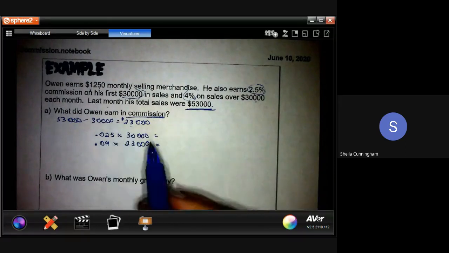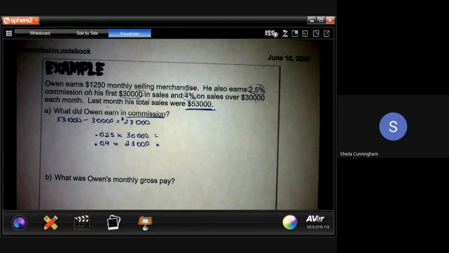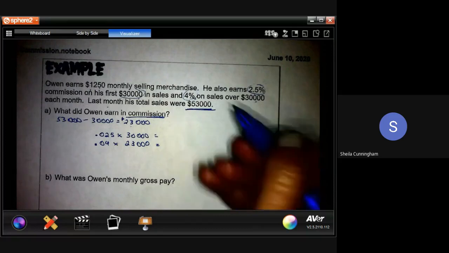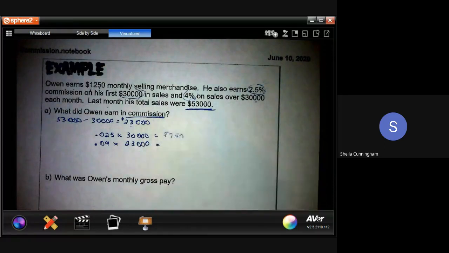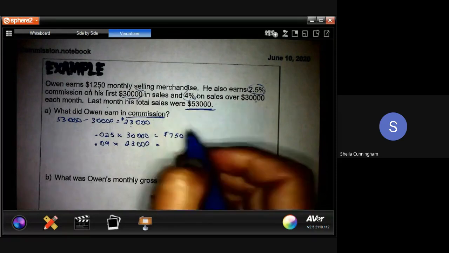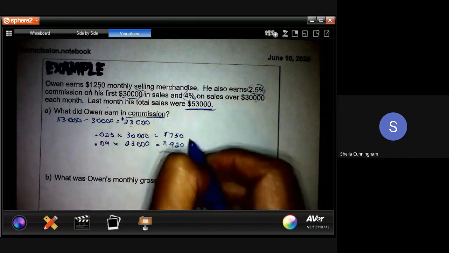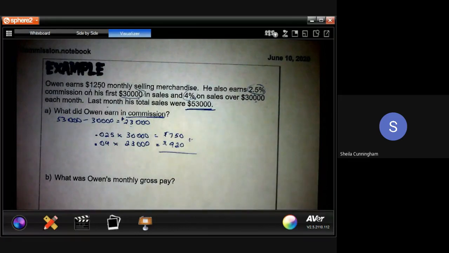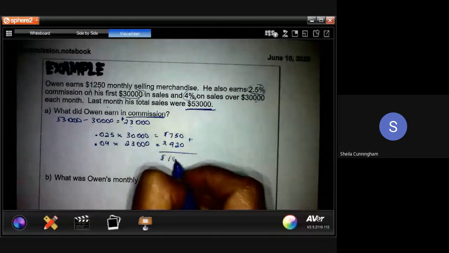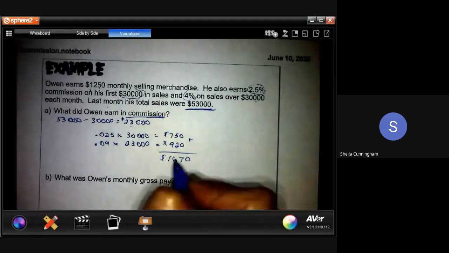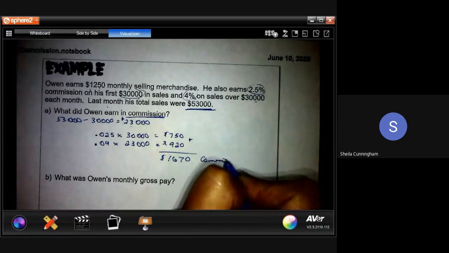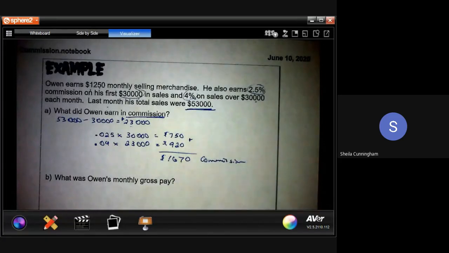So we're going to multiply each of these. 0.025 times 30,000 is $750 on the first 30,000, and on the last 23,000, Owen is making $920. So again, we add these two together, and we find out that the commission is $1,670. So that's just the commission part of his earnings.